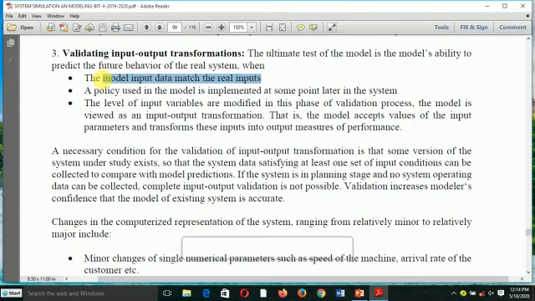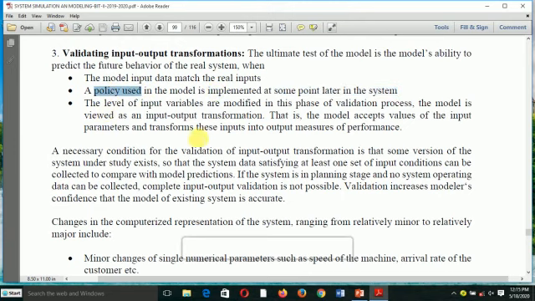Or the model inputs and the real system inputs are the same, or a policy using the model is implemented at some point later in the system. If you are having a policy using the model, you can predict how the system will behave, or when the policy is not used, how the system will behave. You have to predict everything.